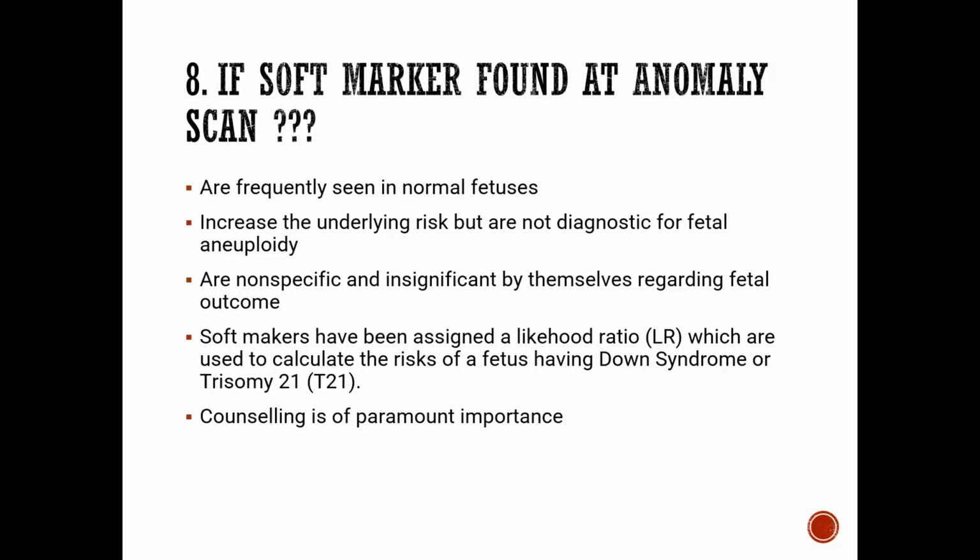So if we are getting a soft marker in the anomaly scan report, then we have to recalculate the final risk for chromosomal abnormality. It is calculated by the likelihood ratio. And in the case of soft markers, counseling is of paramount importance. Otherwise, patients worry a lot, and sometimes the patient will opt for termination directly without any diagnostic testing.